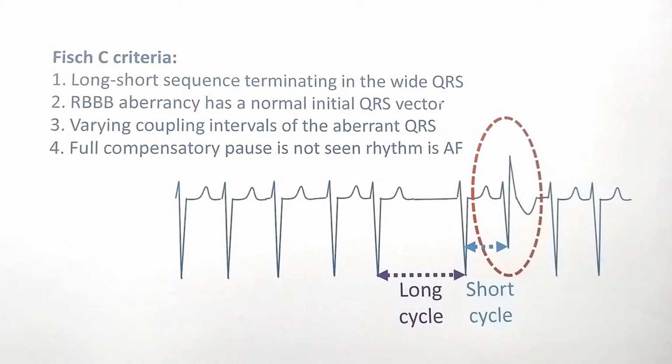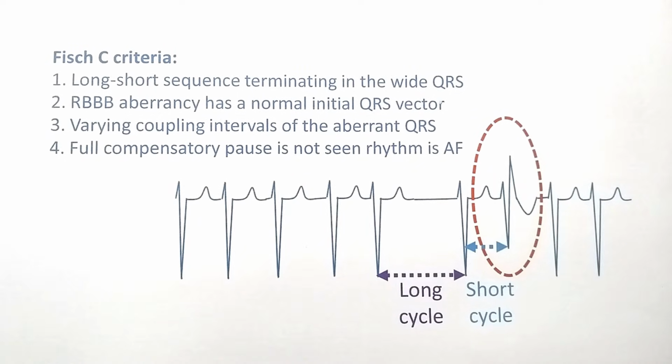So when an ectopic occurs, at that time, the sinus beat which occurs from above does not get conducted to the ventricle. And the next sinus beat gets conducted at the exact position. So the coupling interval is fixed and the interval preceding it is also fixed. So that causes a fully compensatory pause in sinus rhythm with ventricular ectopy. Here it is not seen like that.